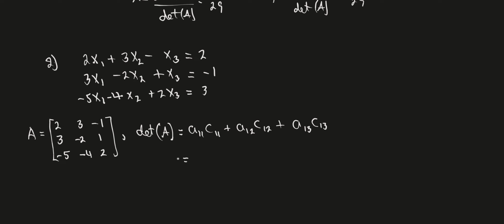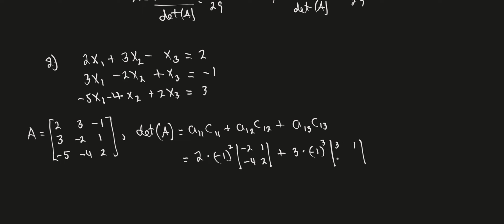So the determinant of A is going to be 2 times, and then we have our -1 squared, and then the submatrix is -2, 1, -4, 2. So -2, 1, -4, 2, plus A12 is 3, and then that's times -1 to the third power, and the determinant of the submatrix 3, 1, -5, 2.